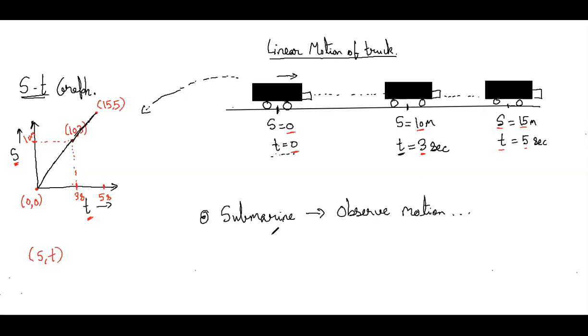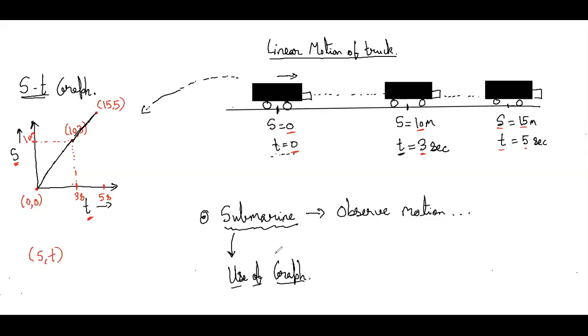So that is why we cannot see the submarine with our naked eyes. But you want to understand the motion of the submarine. So here comes the use of graphs. By plotting the displacement time curve of the submarine, we can understand its motion.